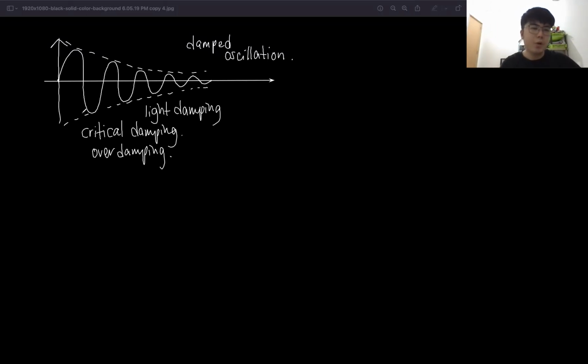So it's light damping first, then overdamping and then critical damping. If you draw the critical damping, the graph would start with the amplitude, and then it decreases like this, a very sharp decrease. The decrease in the amplitude happens in a very short time.